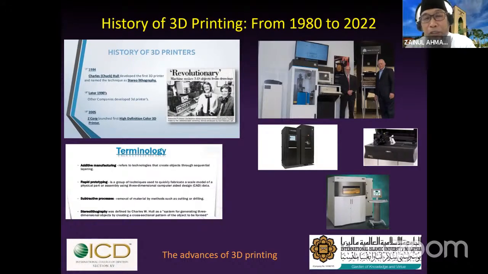And as you can see now, we can see the advancements of 3D printing: electron beam melting, or EBM, selective laser sintering, and Objet Stratasys are part of 3D printing that can read all the radiological data from CT scan or MRI. Also, for those who are newcomers, I would like to introduce the term additive manufacturing, because it plays an important role in understanding what we mean by 3D printing.